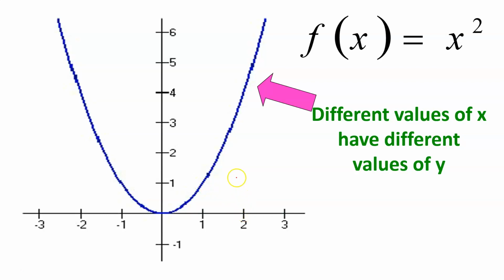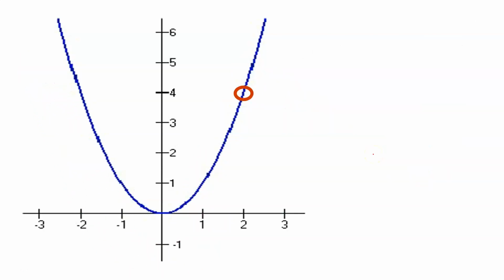If you have x equal to 2, then the y value is somewhere on here. And if you have x equal to 3, then the value is getting bigger for y. Okay, so we can say that different values of x have different values of y as you go through the curve.